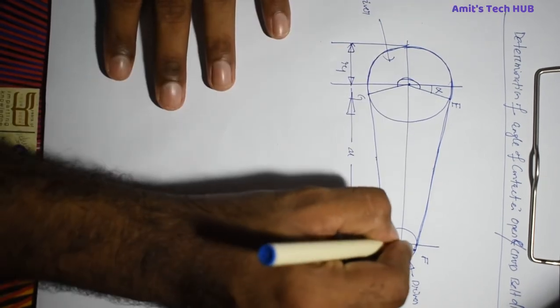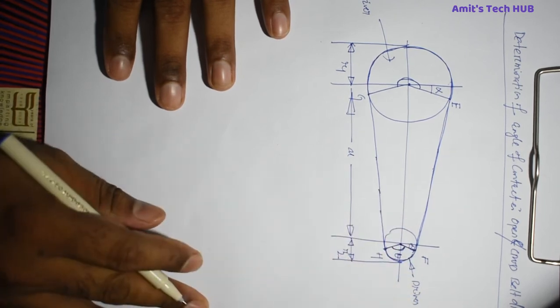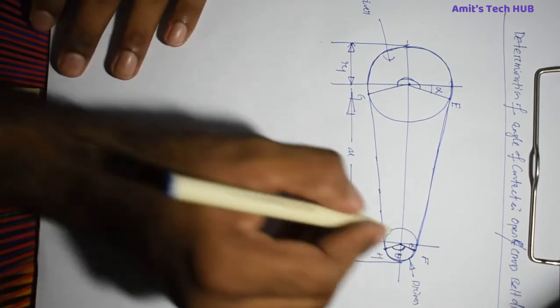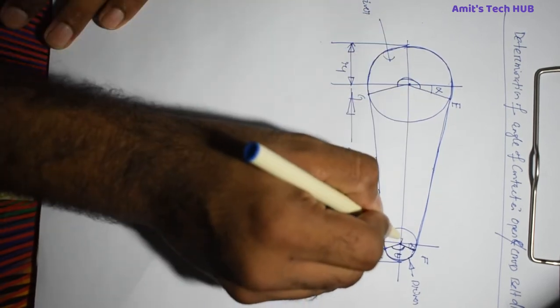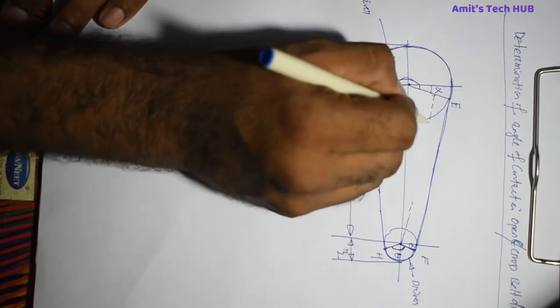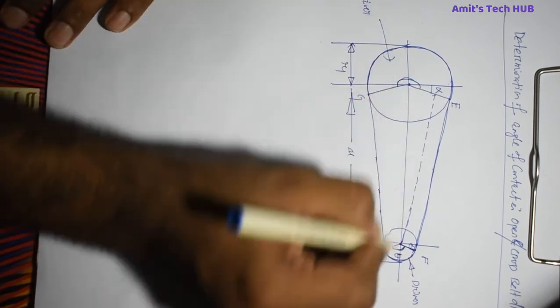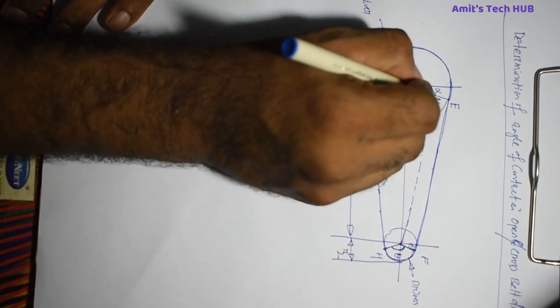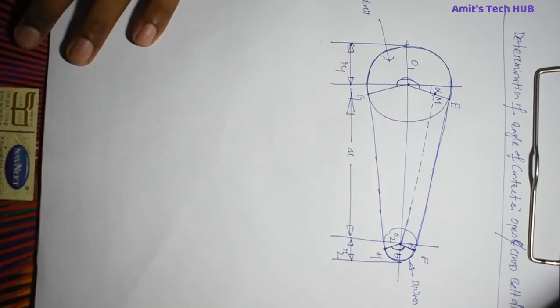If this is alpha, here also this is alpha. You have to draw a line from this point parallel to EF. I have drawn a parallel line and named it M. This is O1, this is O2.